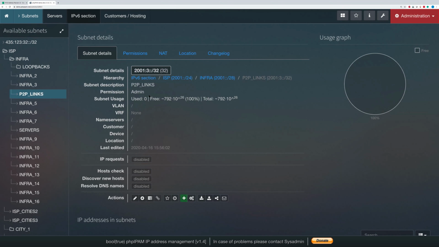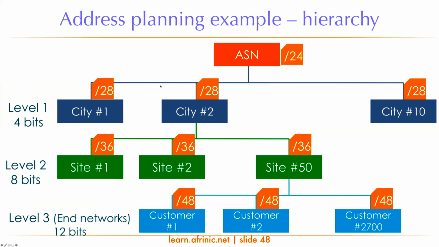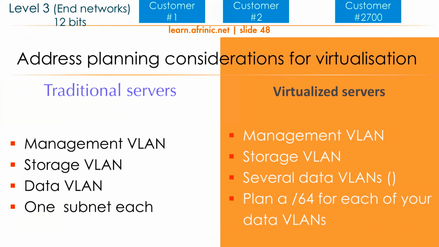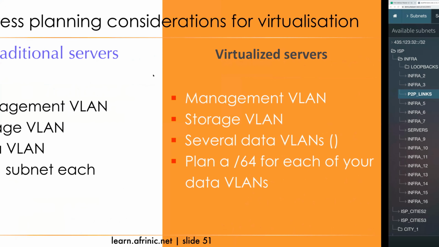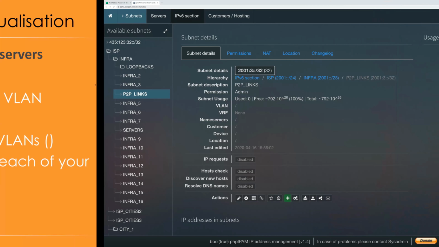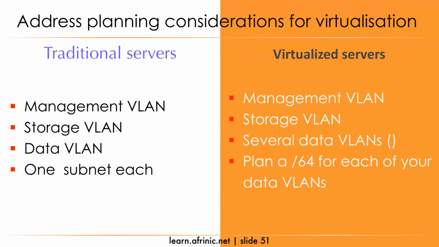So the final thing that we'll look at before we wrap up the webinar is considerations for virtualization. I believe nowadays, if you compare traditional servers and virtualized servers, for traditional servers you'll have the physical server, which most likely was connected to a single VLAN. But for virtualized servers, you have to factor in several data VLANs.